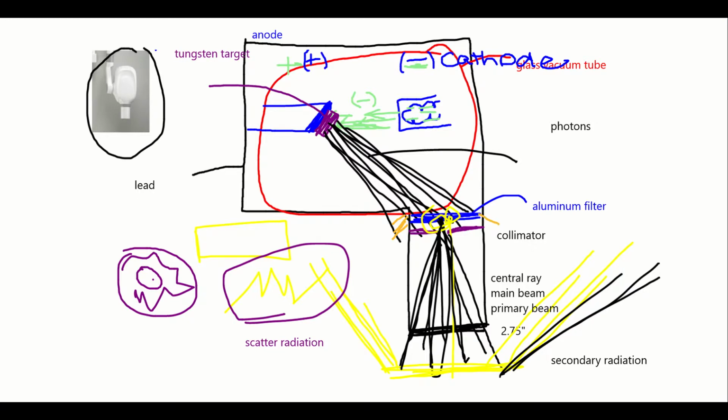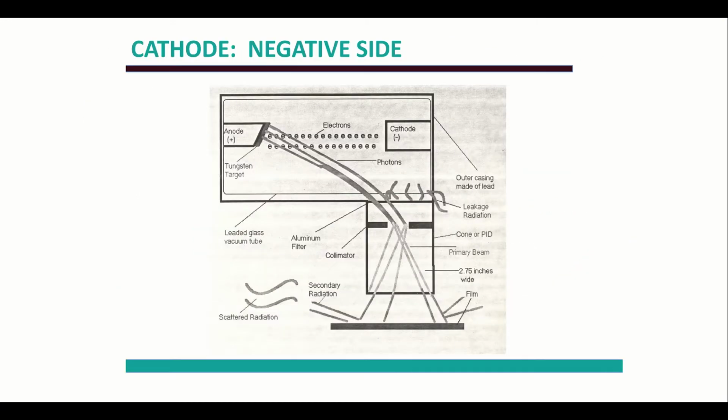So you'll get a little bit leaking out the edge, okay? That's a leakage radiation, and leakage radiation isn't strong enough to create an image or to hurt you, really. It doesn't go very far, and it's just weak radiation. Okay, so now we've got a rudimentary picture here. Let's look at it in a better format.